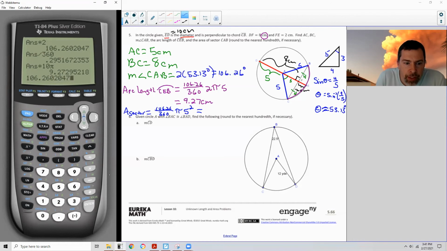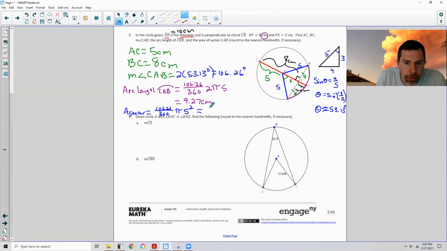Divided by 360, enter, times 25 pi, 5 squared pi, gives me 23.18 square centimeters. Okay, so there is all of that coming from one circle, just given the length of a diameter. Isn't that crazy? All right.